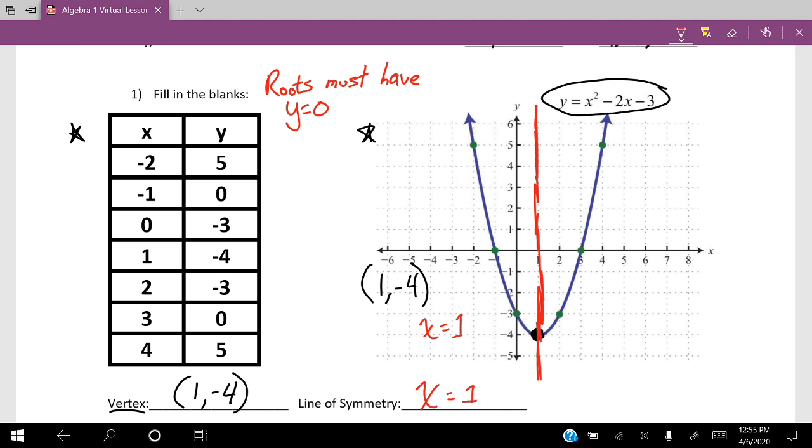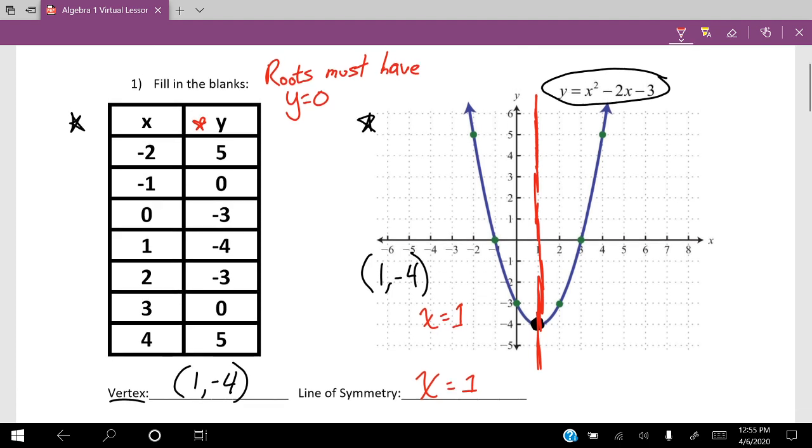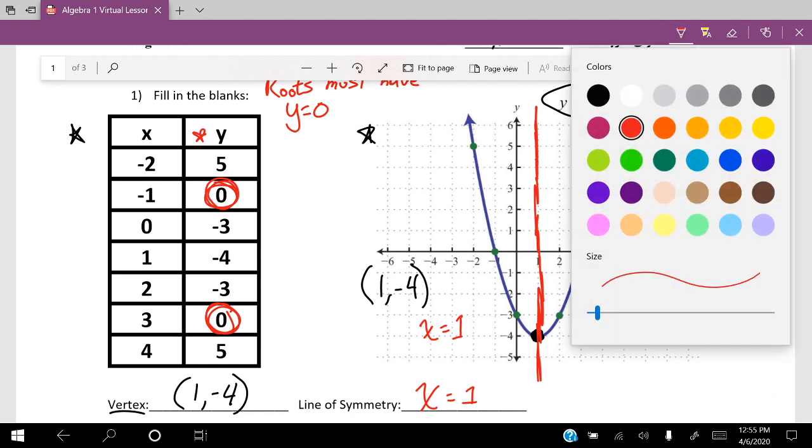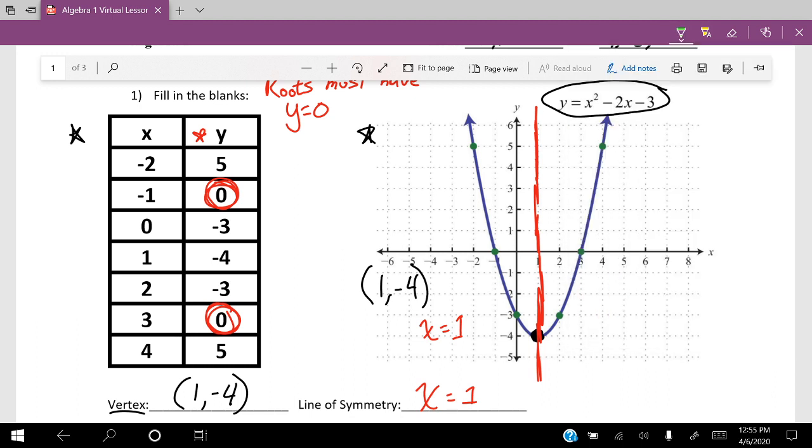So I'm going to go through our y column, and anytime I see a 0, I'm going to stop and circle it. If I follow our y column down, I notice that we have a 0 right here and a 0 down here. Because there are zeros in the y column, the pair that each 0 is part of is a root.